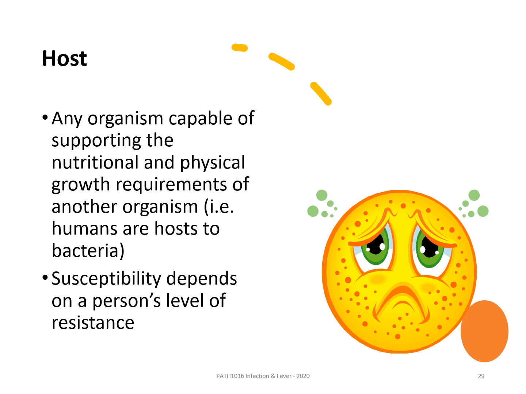So the host, now there's a couple of things we will talk about. If we talk about the host in that chain of infection, okay, let's talk about that. Any organism is capable of supporting the physical growth requirements of another organism, okay? There is bacteria that like our body temperature, our level of sugar in our bloodstream, certain aspects of living on or in our body.